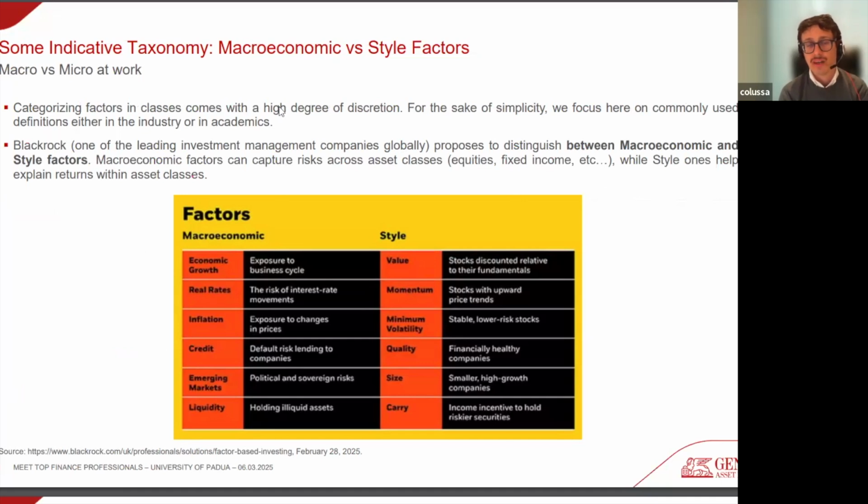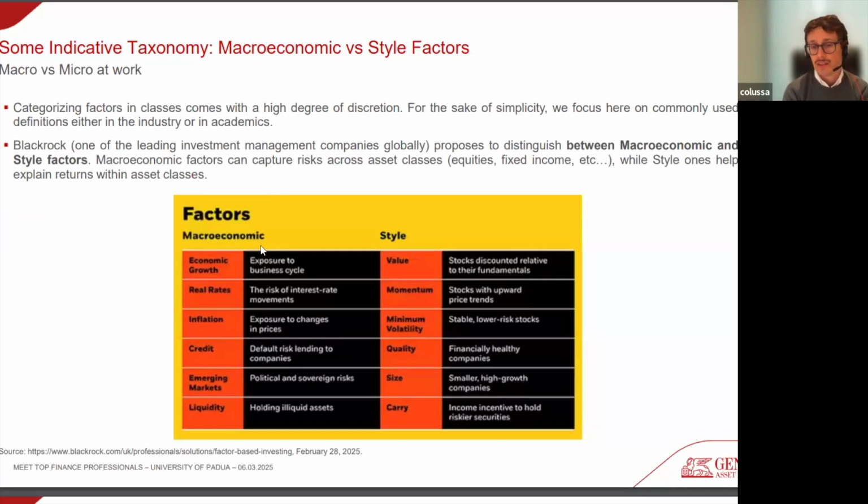Factors can be divided basically into very big categories. This is a taxonomy by BlackRock. You know, BlackRock is a very big passive asset manager. They tend to distinguish them in macroeconomic and style factors.